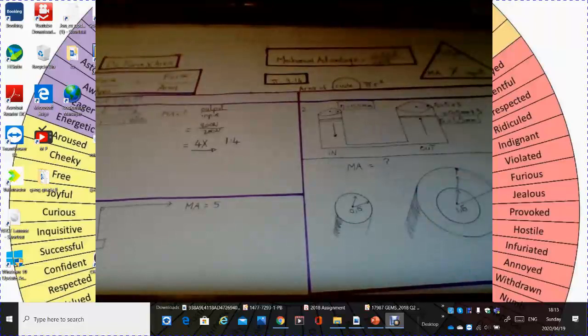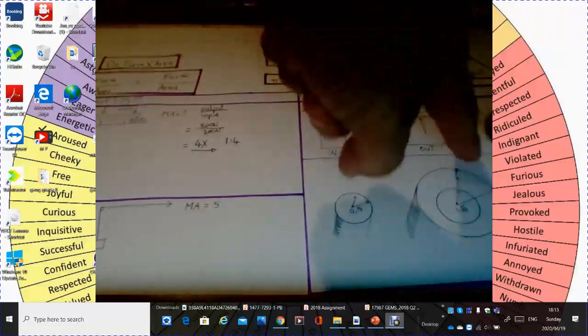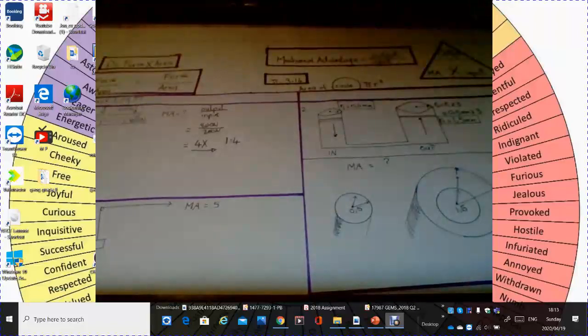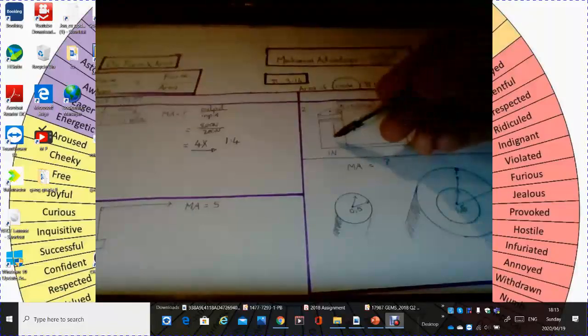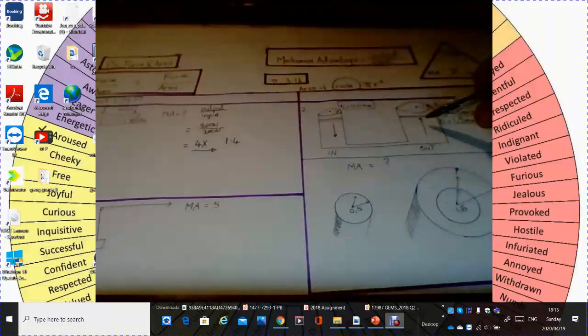Now we come across here to something that's a little bit more difficult. We have 2 cylinders, an input and an output. I can see already that the output cylinder is 3 times larger than the input system, so we're going to have a nice mechanical advantage there.